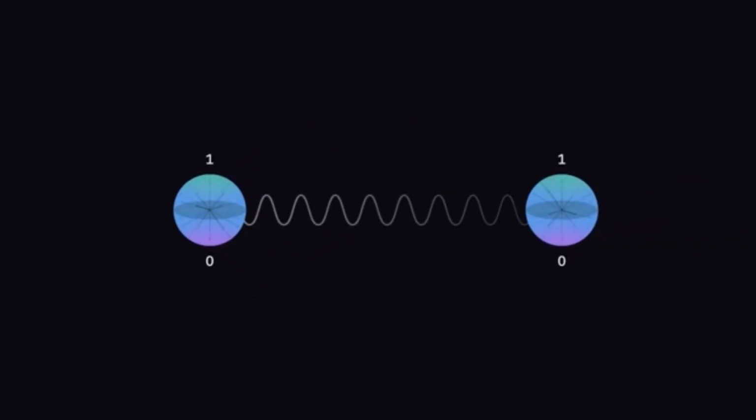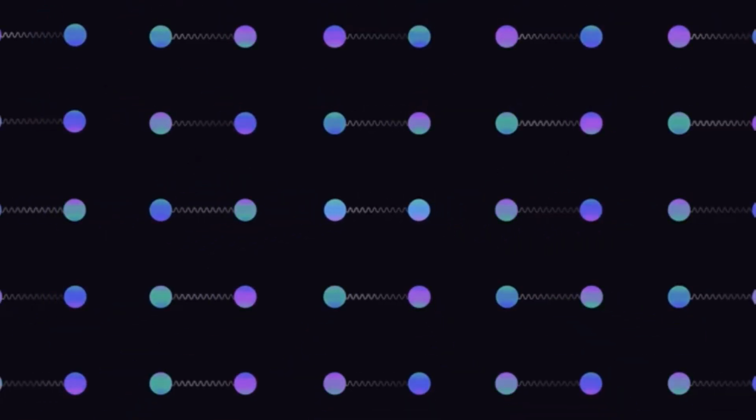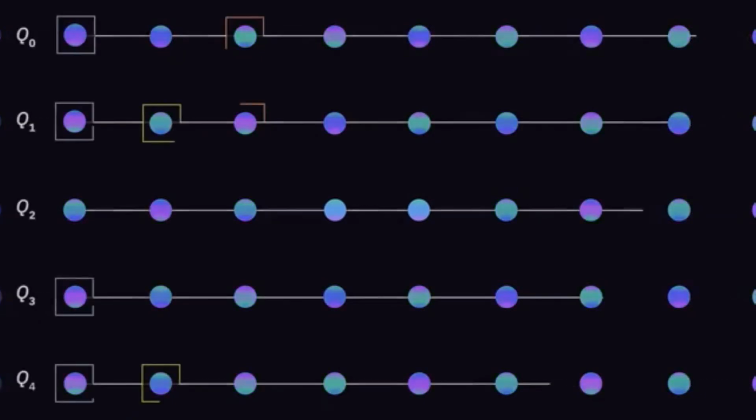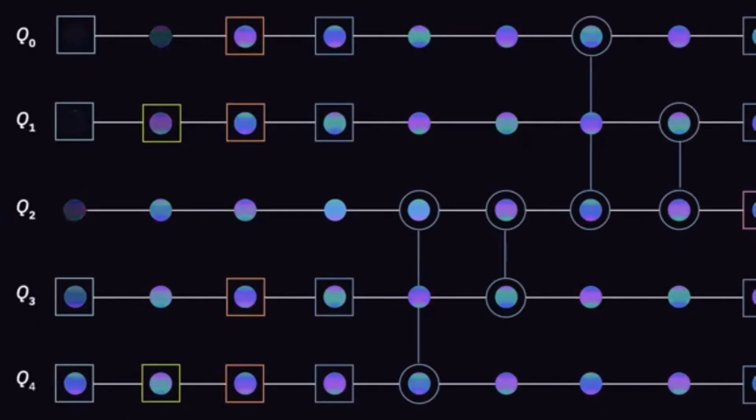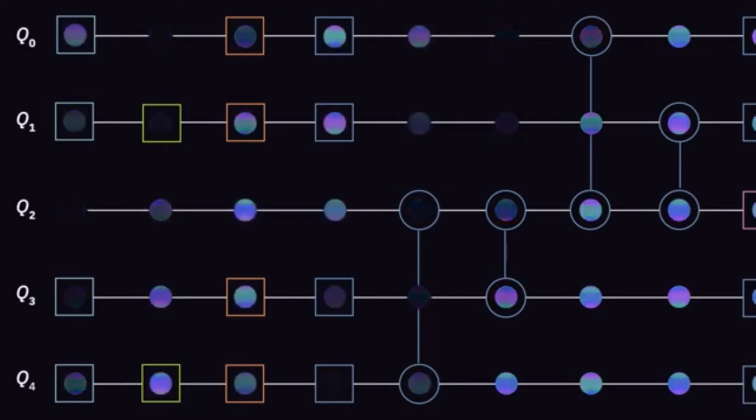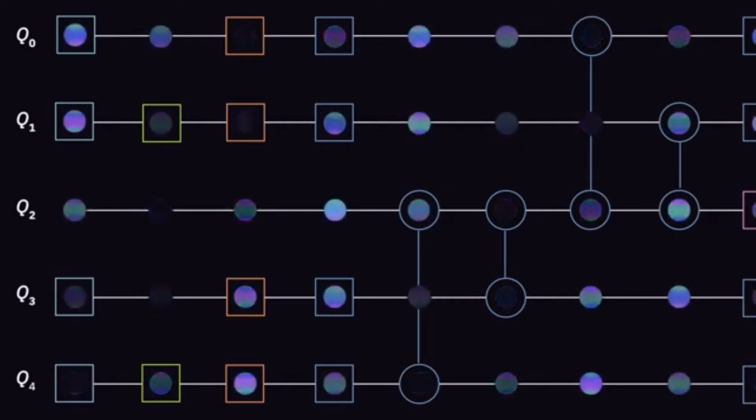And entanglement happens when two qubits in a superposition are correlated with one another, meaning the state of one, whether it's a 0, a 1, or both, depends on the state of another. Using these two principles, qubits can act as a much more sophisticated version of switches, helping quantum computers solve difficult problems that are virtually impossible using classical computers.